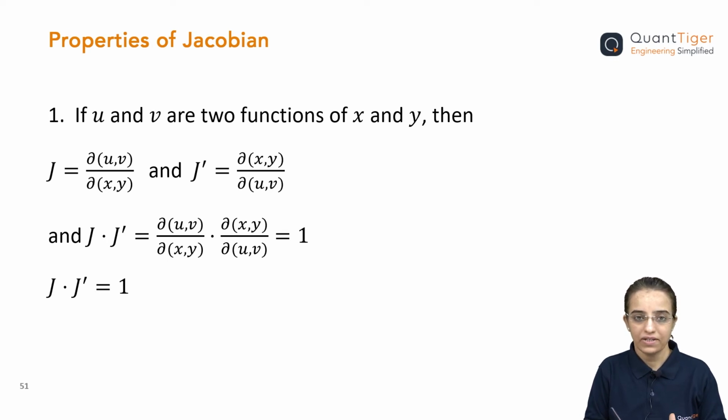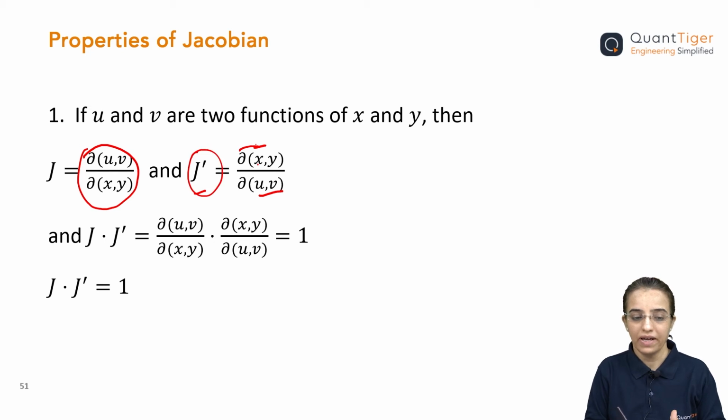And J dash is just the opposite: in the first case u and v are functions of the variables x and y, and for J dash, x and y are made functions of u and v, the exact opposite case. That's why we call it J dash.